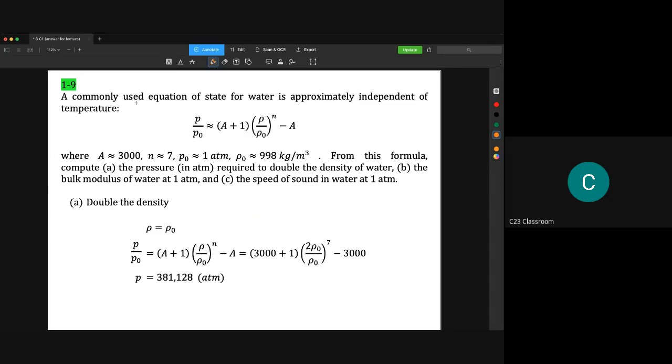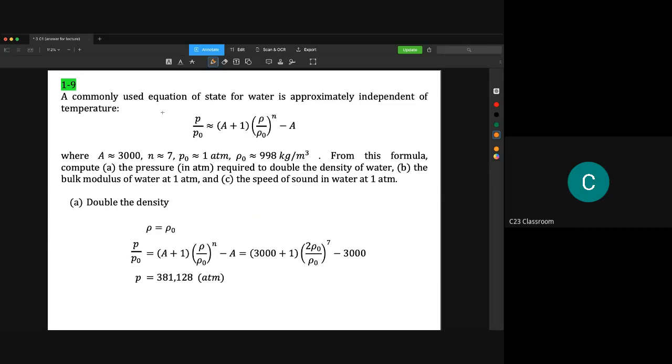Okay, let's say now we are calculating the pressure. According to our textbook, the pressure might be different according to the situation.